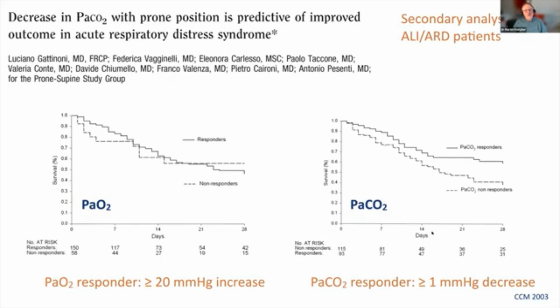And it's not only the oxygenation, but also the ventilation. This is a really nice analysis of data obtained in randomized prone trials, published by Luciano Gattinoni in Critical Care Medicine 2003.